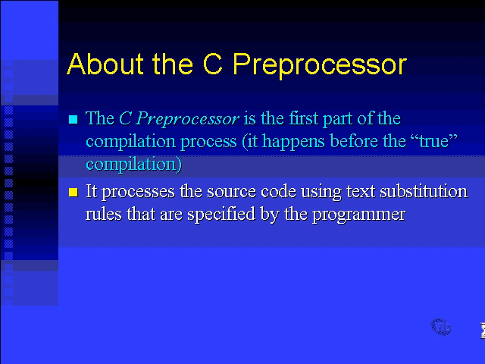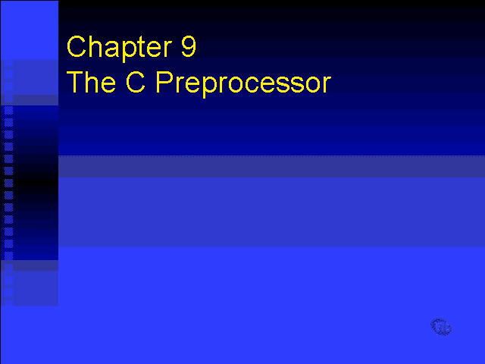And what do I mean by substituting? Well, what I'm talking about is that the word, I don't know, the word cat could be replaced by the word dog. You could substitute the word cat for dog. Now, I don't know why you might want to do that particular substitution, but that's what I mean by text substitution.